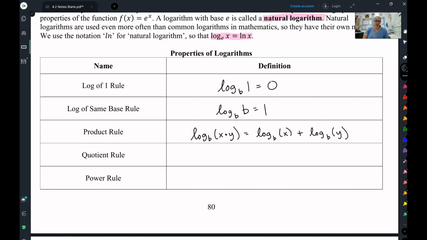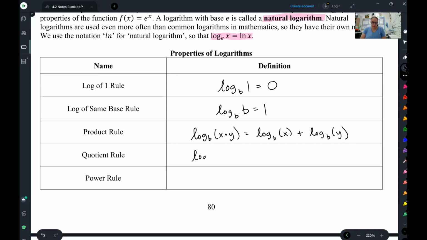This looks like our exponent rules, where when we multiply we add the exponents. That's a similar thing here. When we're multiplying, we're going to end up adding. Except notice that I start with one logarithm multiplying and I go to multiple logarithms adding. So I'm expanding the logarithm to have more logarithms.